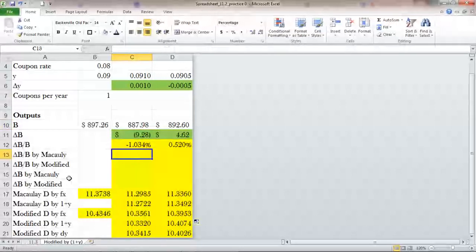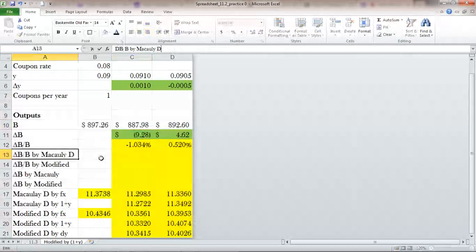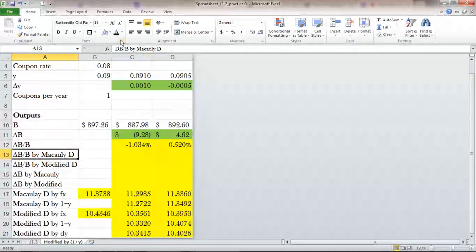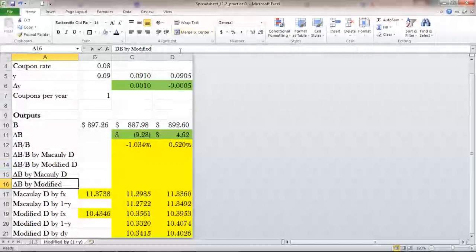So if you use a Macaulay duration, predict, and if you use modified duration, D star, predict.